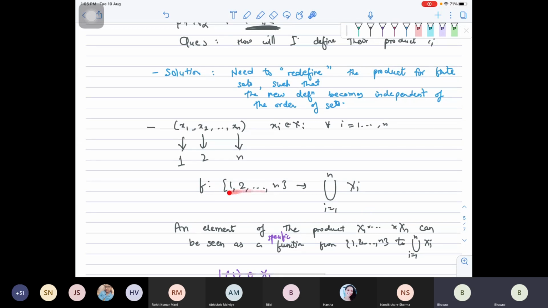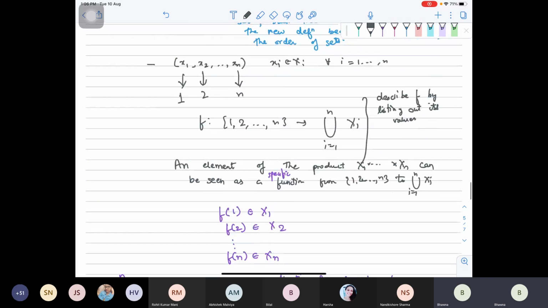Because the domain of this function is finite, I can describe f by simply listing out its values, that means f1, f2, up to fn, which is the same as x1 to xn.